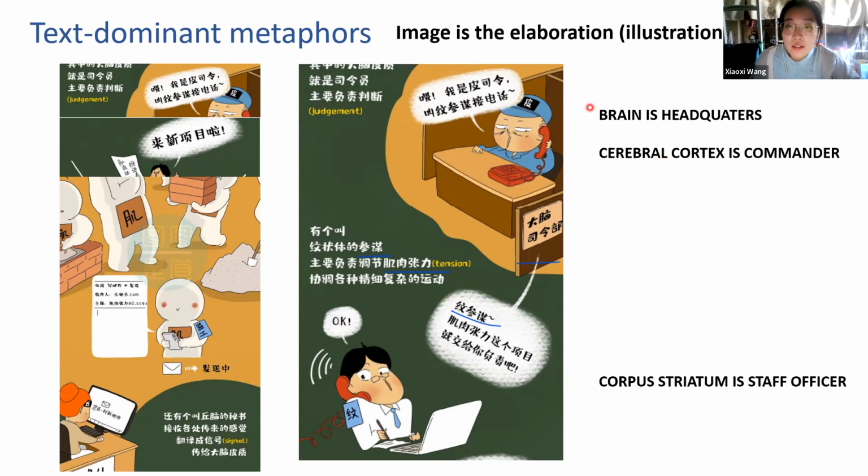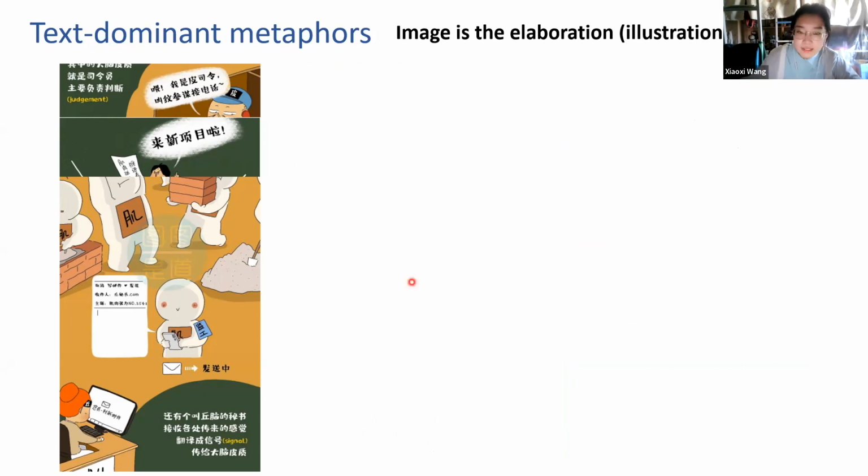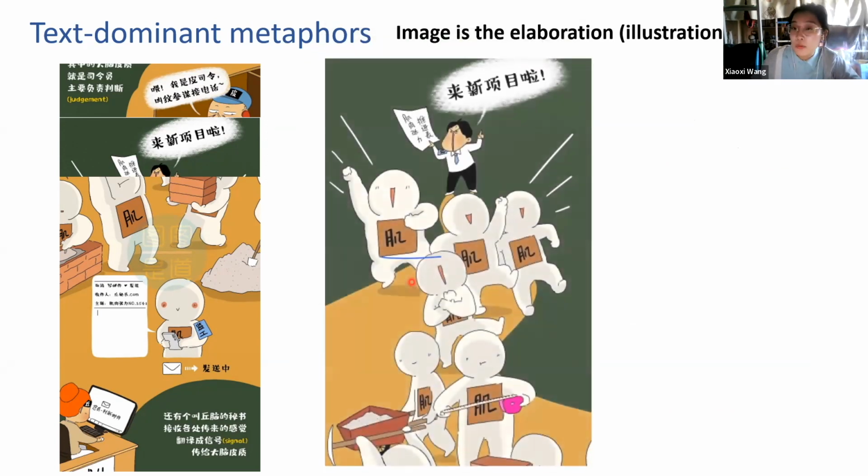And here the pictures on the right side and in the bottom are not involved in the construction of the metaphor, but can make the content conveyed by the text more vivid and easier to understand. And it is true of the following two webtoons.